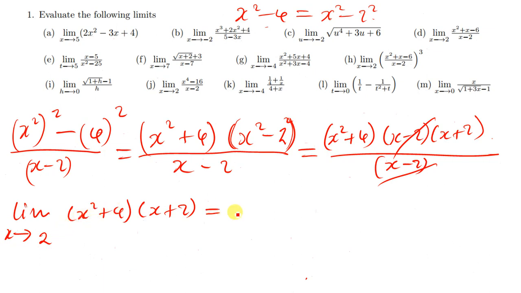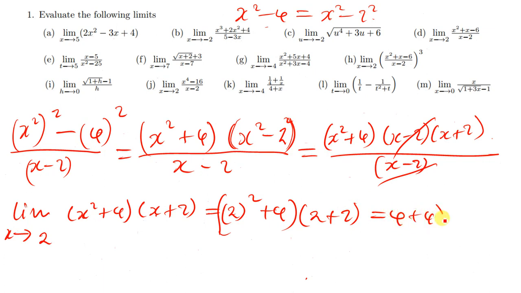So when you put 2 for x, you're going to have 2 squared plus 4, and then we multiply everything by 2 plus 2. So you're going to have 4 plus 4 there, and 2 plus 2 will give you 4 as well. So 4 plus 4 will be 8, then 8 times 4. So this will give you 32 as the answer.